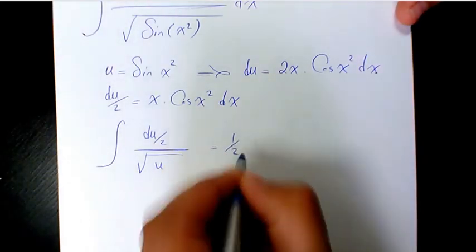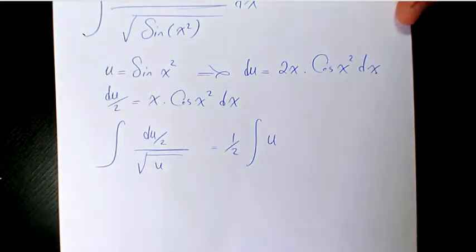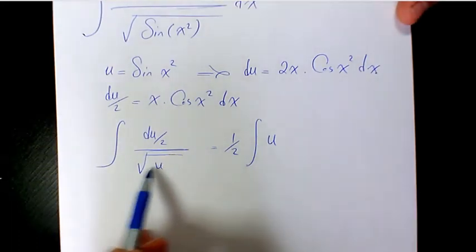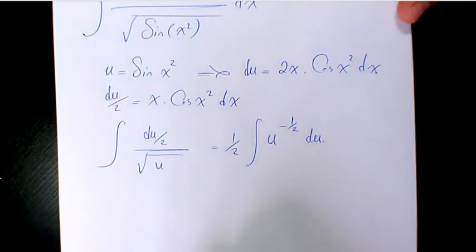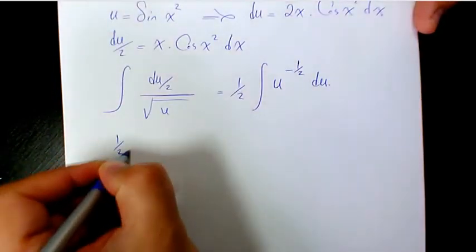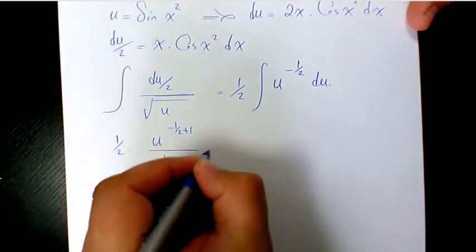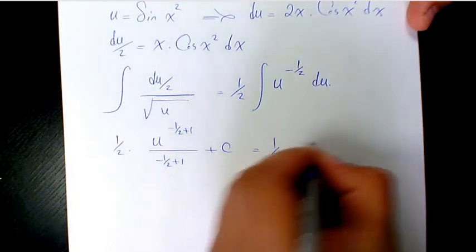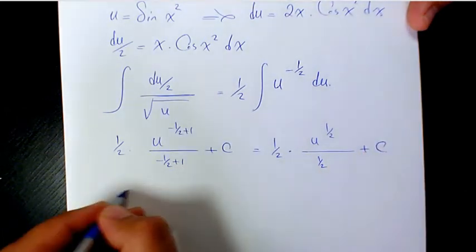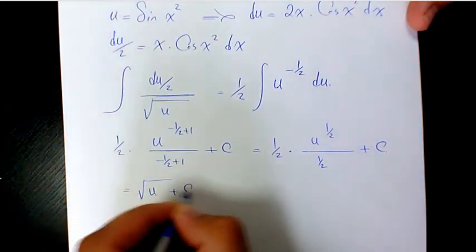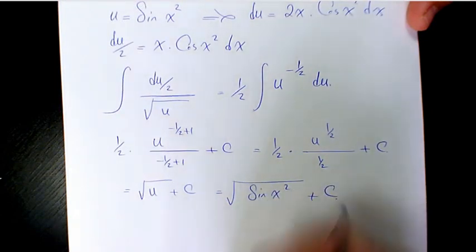We can take 1 over 2 out, and since u is in the denominator, it's u to the power 1 over 2, and when you bring it to the numerator, it's u to the power of negative 1 over 2 du. When you integrate it, it's going to be u to the power of negative 1 over 2 plus 1 over negative 1 over 2 plus 1 plus c. That's going to be u to the power 1 over 2 plus c, and that's going to be square root of u plus c, and that's going to be square root of sine x squared plus c.